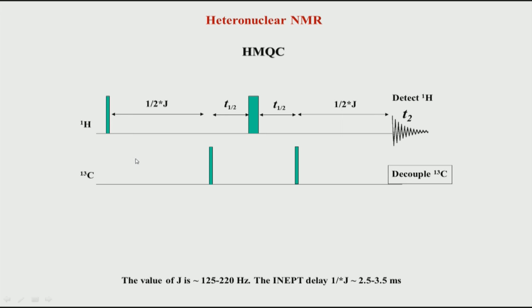One thing you will notice is that the number of pulses here is much less than what you saw in HSQC, and that is already the first advantage of HMQC. It means you can get the same information you got in HSQC with a much simpler pulse program. And why is this smaller number of pulses useful?